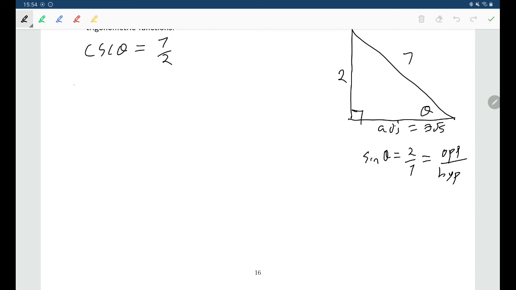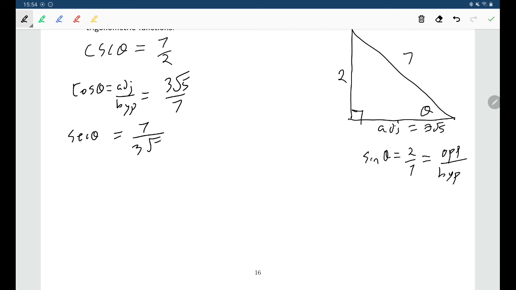I'll do cosine. Cosine of theta, that's adjacent over hypotenuse. That is 3 root of 5 over 7, and that's in simplest terms, so there we go, we're good. And secant should be the reciprocal, 7 over 3 root of 5.